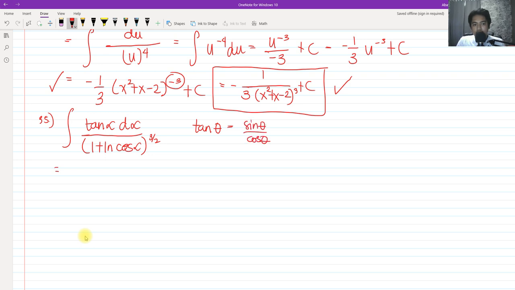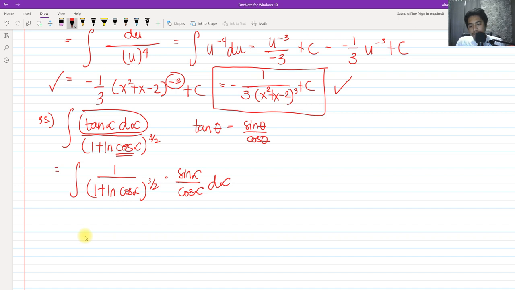The reason behind doing this is that the derivative of ln cosine is negative sine over cosine. So we can use a u substitution. For now, we have 1 over 1 plus ln of cosine alpha raised to 3 halves multiplied by tangent alpha d alpha, which I'm going to convert into sine alpha over cosine alpha d alpha.